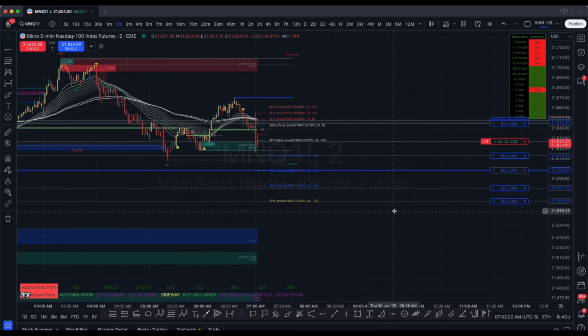For example, if we trade with Interactive Brokers, or eTrade, or Webull, we can link it to this platform.